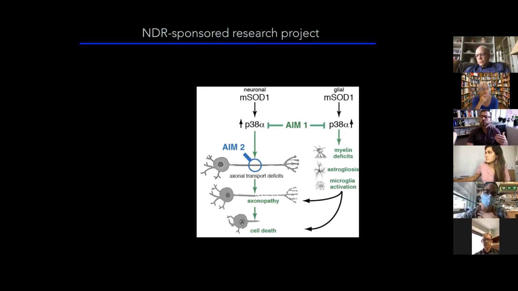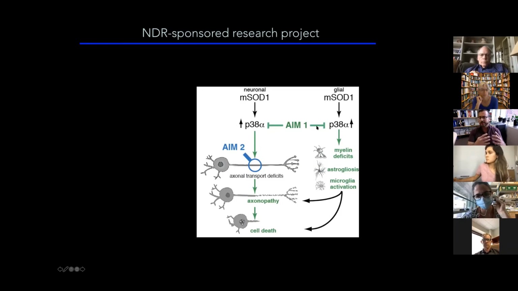We pick and choose an animal model that is very well established, which is the SOD1 G93A mouse model. And we propose experiments. This is taken from a grant that I was awarded recently from the NIH, where what we propose is to evaluate hallmarks of the disease and how they are impacted by reducing the activity of p38 alpha.